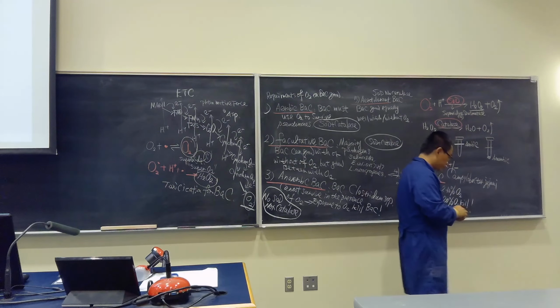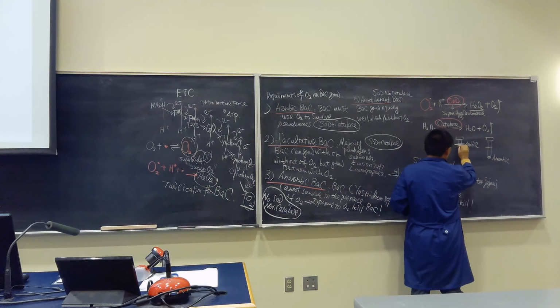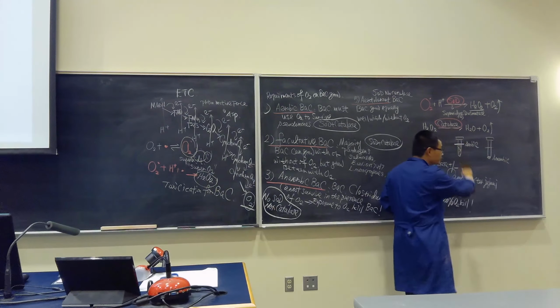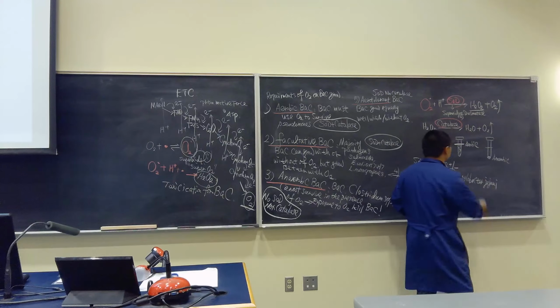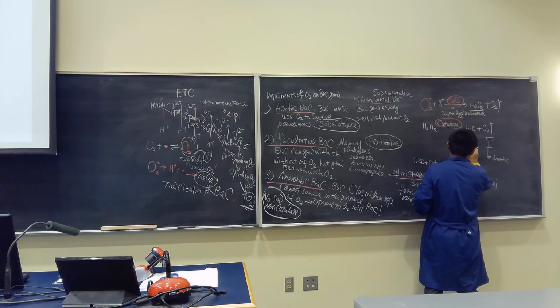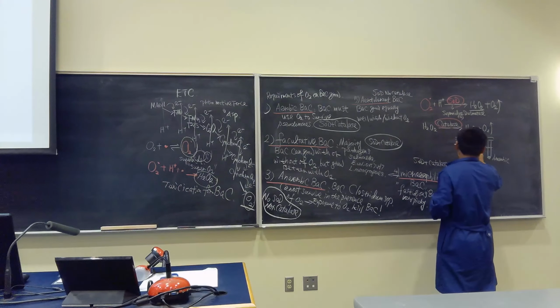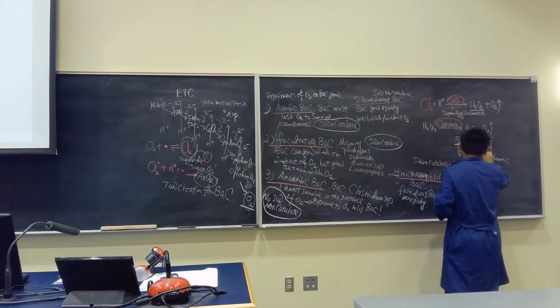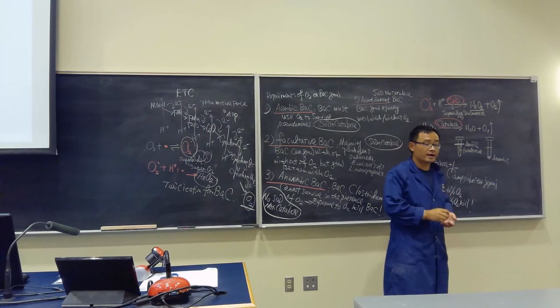But how about the facultative? Something in the middle, something at the bottom. Basically, they averagely cover the inside of the tube. That's facultative. How about the microaerophilic?